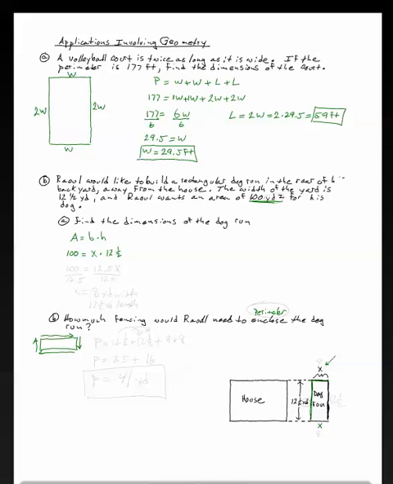Now it will be easier when we're working with this to use the decimal 12.5. So I'm going to rewrite this as 100 equals 12.5x. Remember that this just represents multiplication, so it's 12.5 times x, and multiplication is commutative, so we can switch the order. Now to solve this, all I need to do is divide both sides by 12.5.